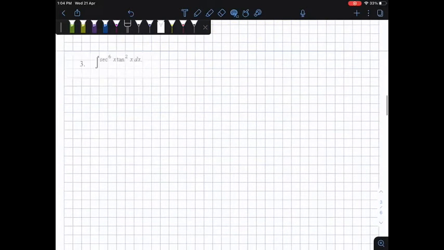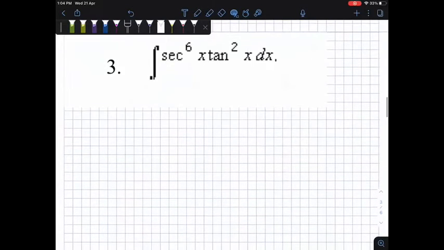Now to integrate here, sec to the power of 6 x tan squared x dx. In this question we can also split off sec to the power of 6 x into two factors. Let's write it as (sec squared x) all squared times sec squared x, and tan squared x.